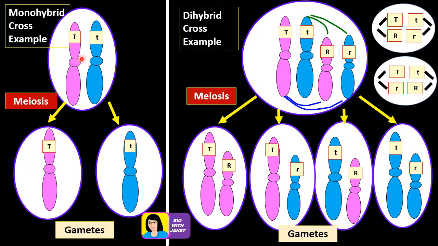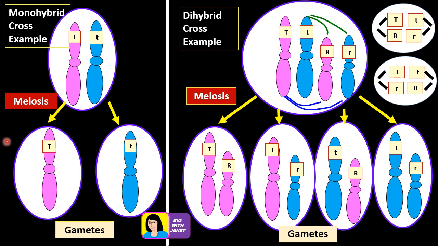So you have one allele on the paternal chromosome and one allele on the maternal chromosome. So this would be the appearance of the cell for the individual that is heterozygous, having one dominant allele and one recessive allele in each of its diploid cells, right?